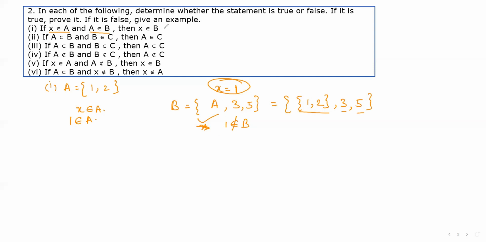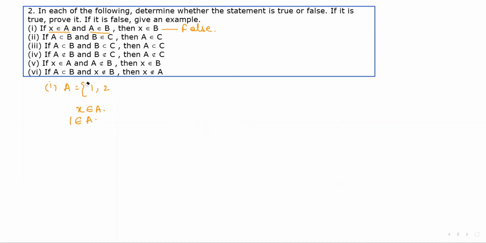Here, this is false. Now, it was asked, in each of the following, determine whether the statement is true or false. If it is true, prove it. If it is false, give an example. So, an example, you can mention any random values. You can consider A as any set. Let A is equals to 1, 2.